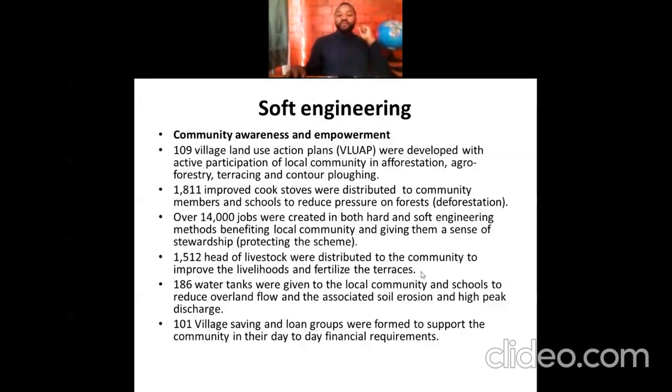So if people have the fertilizers to use in the terraces and get enough yield from agriculture, they were able to create the terraces on their own without relying on the government to come and make them for them to use.